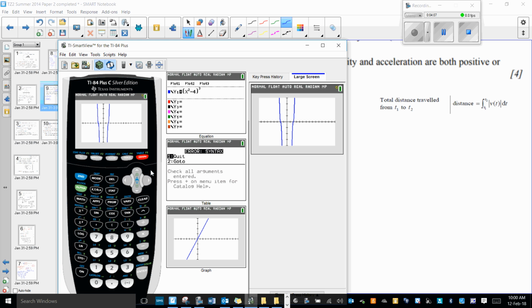Okay, so we can see that some of it is below, some of it is above. In the first 3 seconds, this is 2, so we're going to want to do between 0 and 2, and then between 2 and 3.